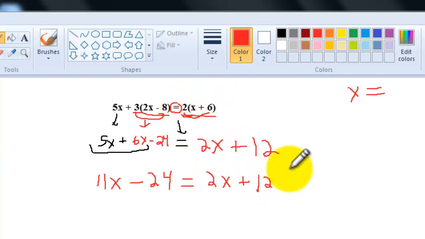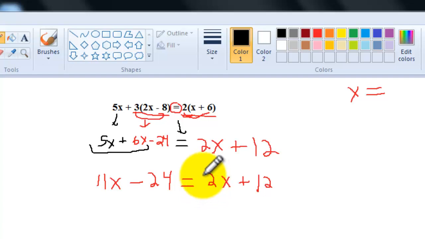So now this is where we're isolating x. We've got x on both sides of the equal sign, and that's what you don't want. So we have to move our terms. We want x to be all on one side and the numbers to be on the other side. So I'm going to begin by moving this 2x first.